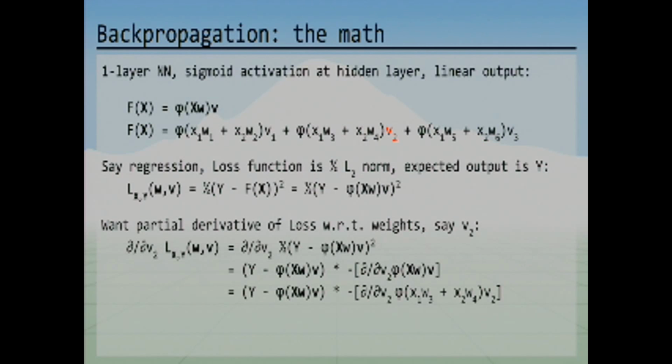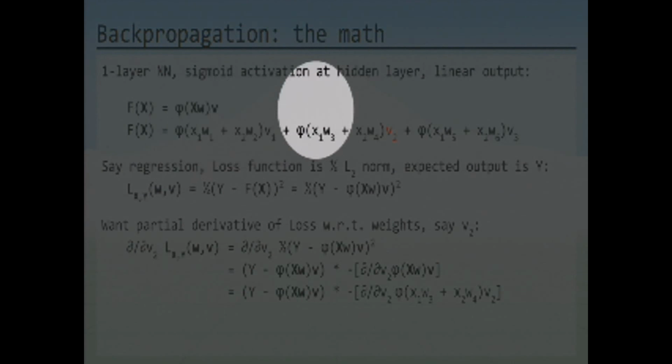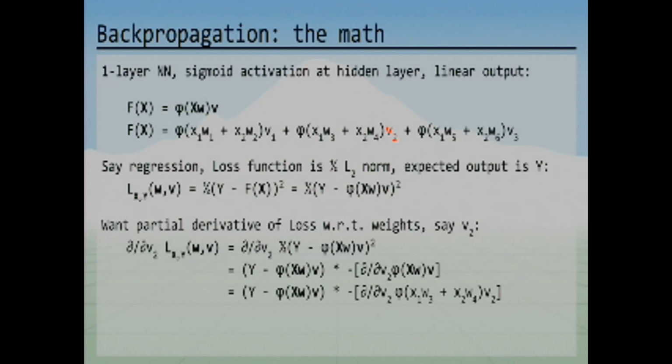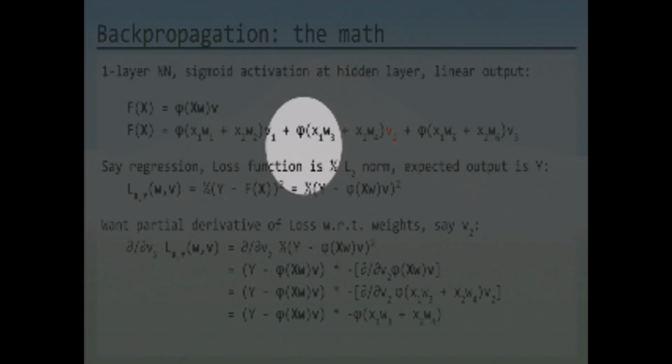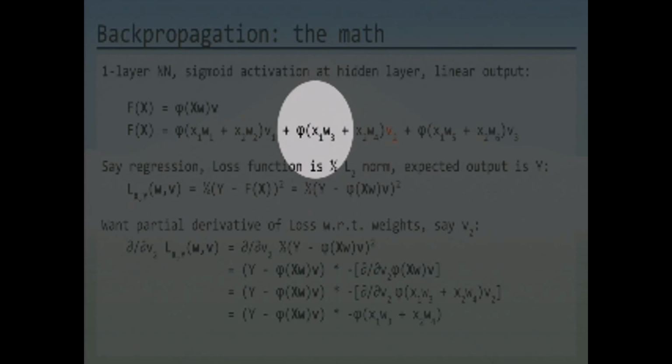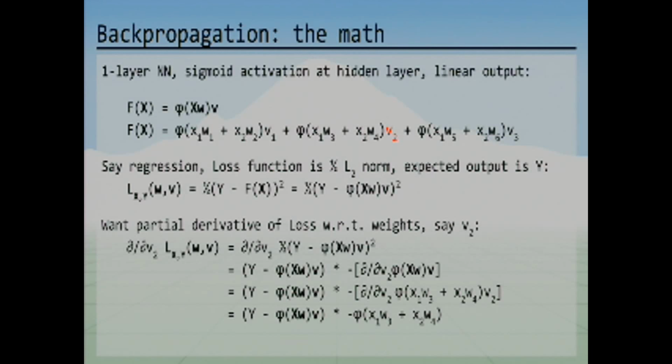If we think about taking the partial derivative of this whole term with respect to v2, the only term that actually matters is the middle one. We can get rid of the other ones because they don't have any term for v2 in them. When we take the partial derivative of just this middle term with respect to v2, we get rid of v2 and are left with our output from h2, which is phi of x1 w3 plus x2 w4.